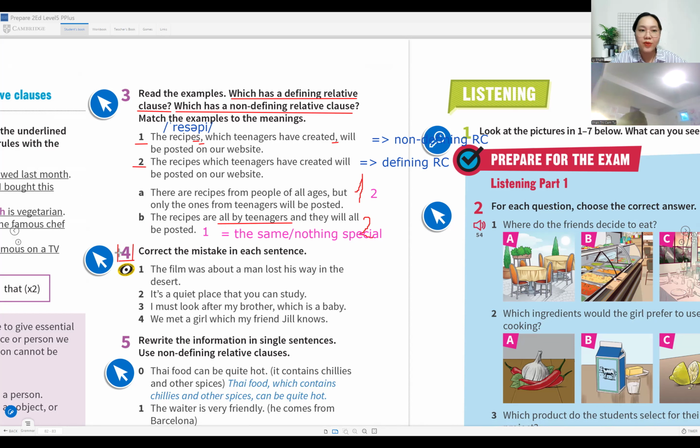Exercise number 4. Please correct the mistake here. Okay, you add a comma.